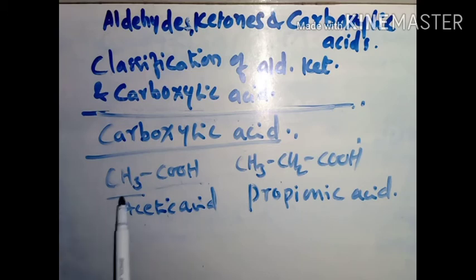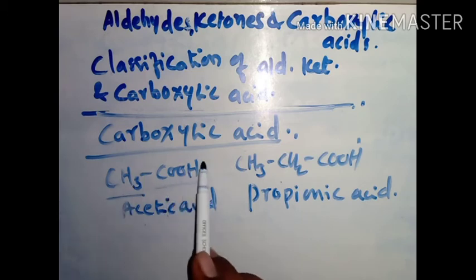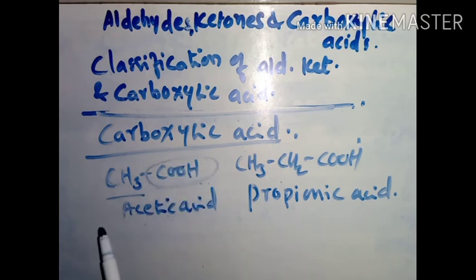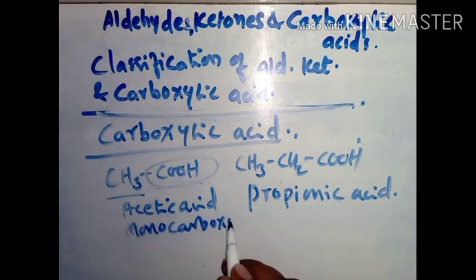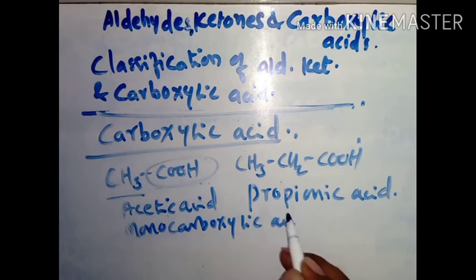The example is CH3COOH. In this acetic acid only one COOH group is present, that's why it comes under the classification of monocarboxylic acid. Only one COOH group is present.